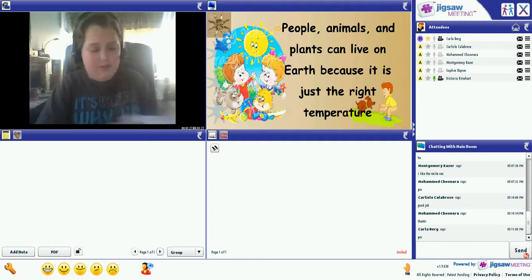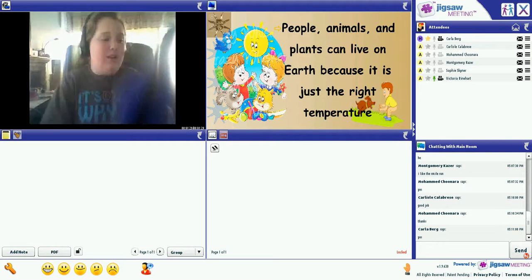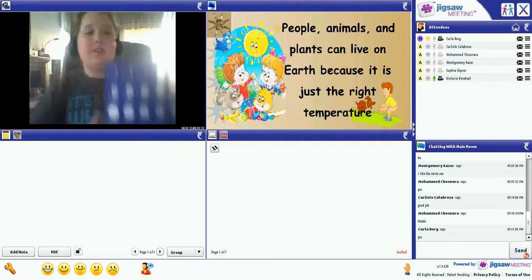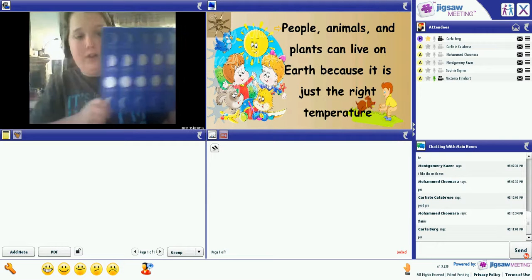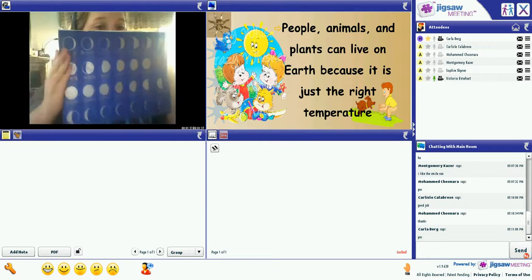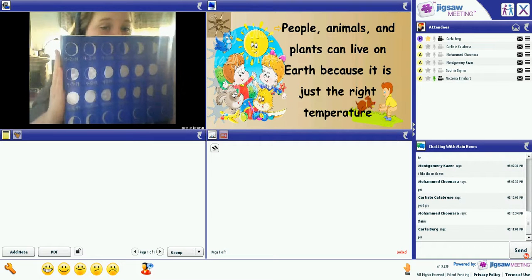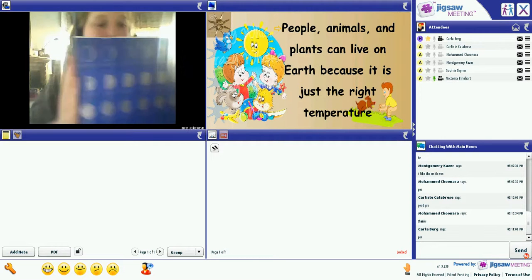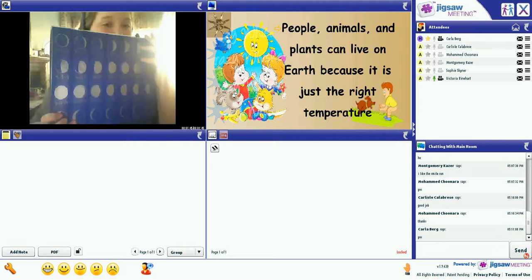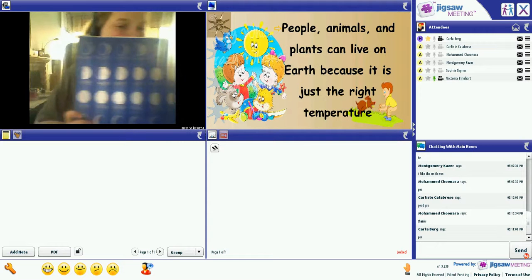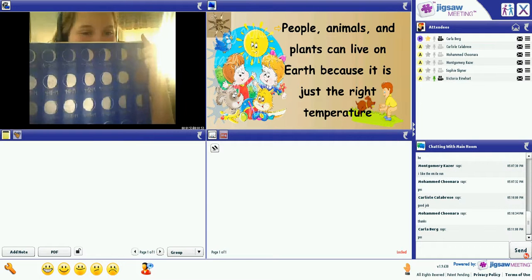Where I told you guys about the moons, I actually did my own set of moons, because it was last year that I did the moons. I'm trying to figure out the camera so you can see it, but right there's blood moon.